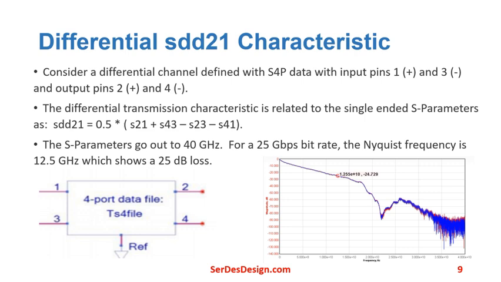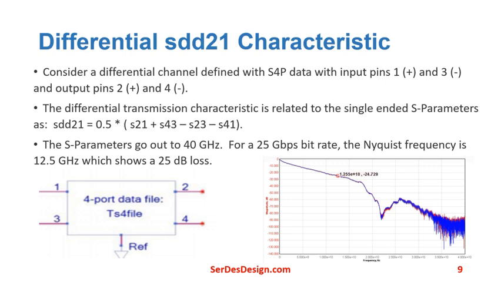Let's talk about the differential SDD21 characteristic. The differential channel represents a hardware SerDes channel and is typically characterized by measuring its n-port S-parameters and is typically a 4-port. The 4-port differential input ports are typically port 1 for the plus side and port 3 for the minus side.